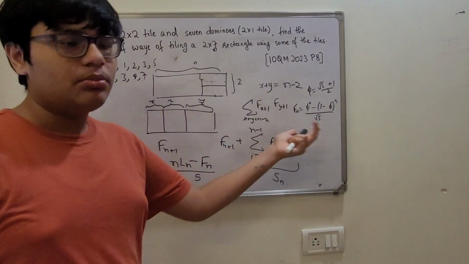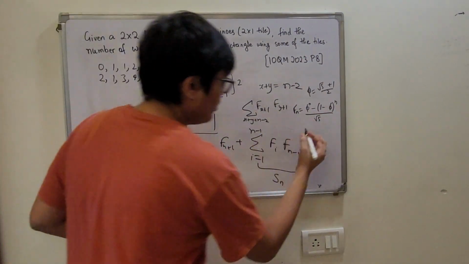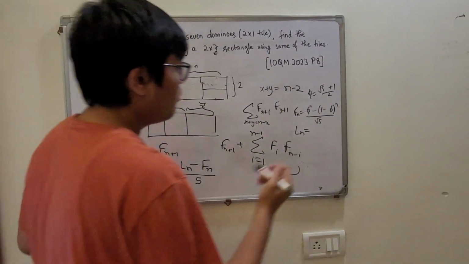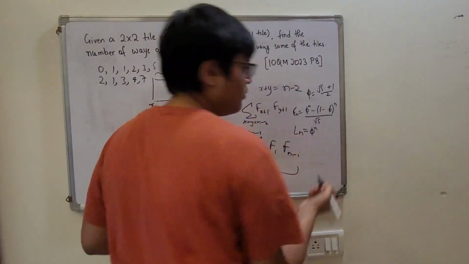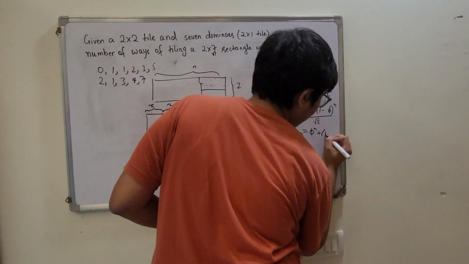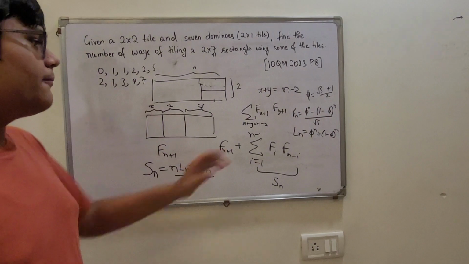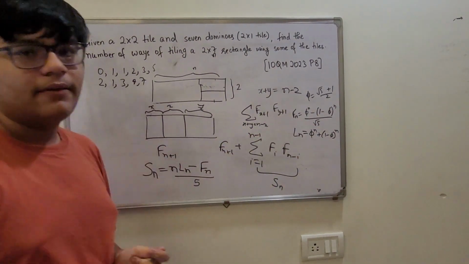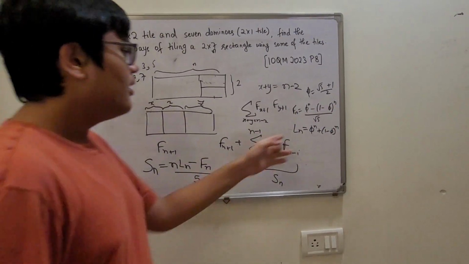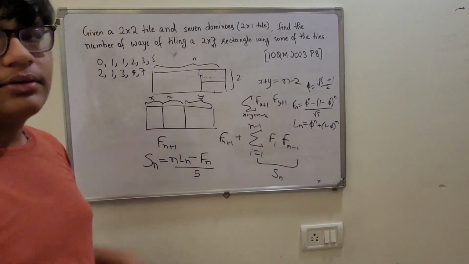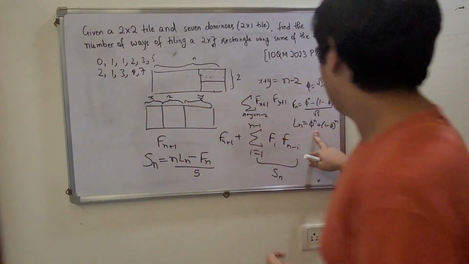And Ln equals phi^n plus (1 minus phi)^n, and you can simply verify that for n equal to 0 it's 2, and for n equal to 1 it's 1. So this is how you define it.